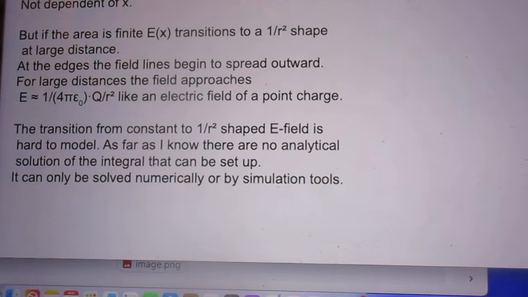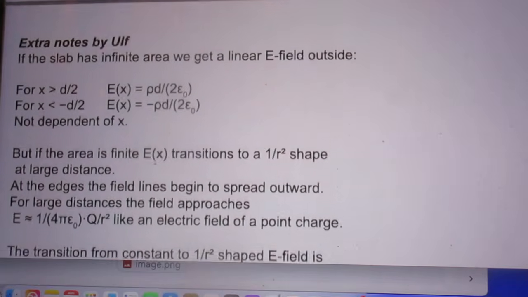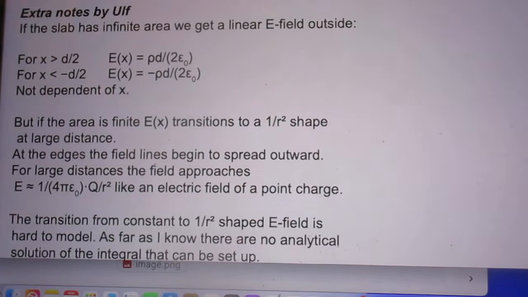The transition from constant to 1 over r squared shaped E field is hard to model. As far as I know, there are no analytical solutions of the integral that can be set up. It can only be solved numerically or by simulation tools. So that extra comment came from Ulf.